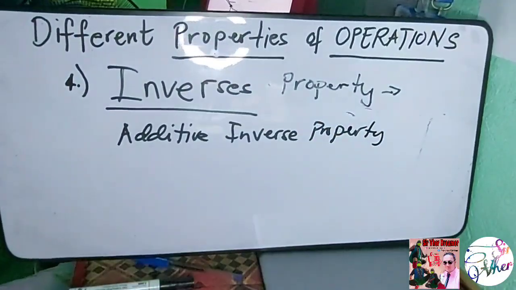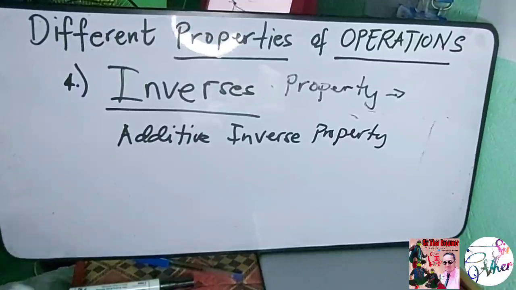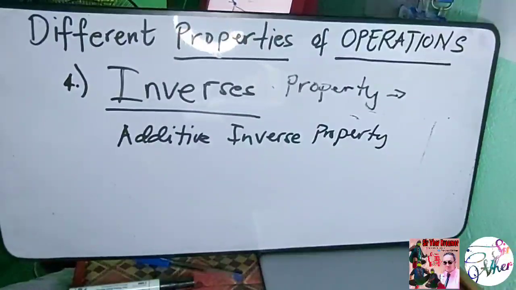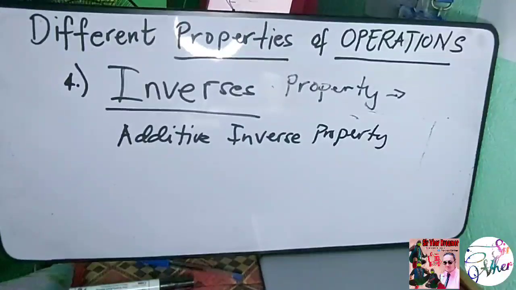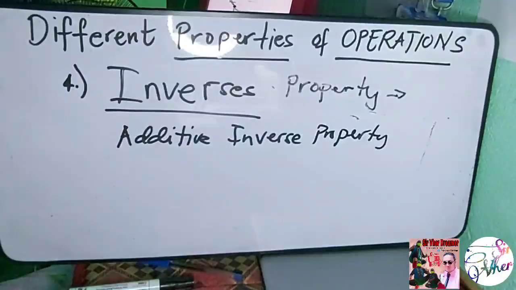The additive inverse property says the sum of a number and its opposite is 0. For example, let A be the integers. For any number A, the additive inverse is negative A. Take note of that.